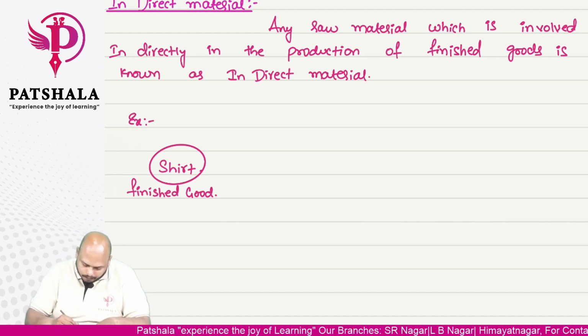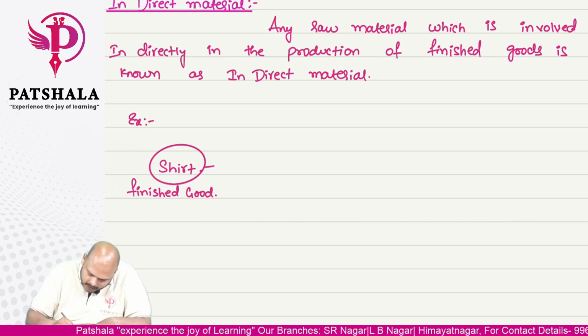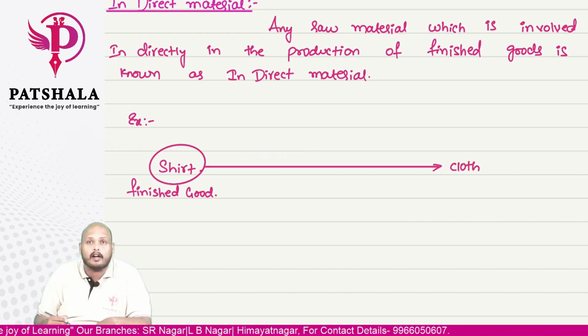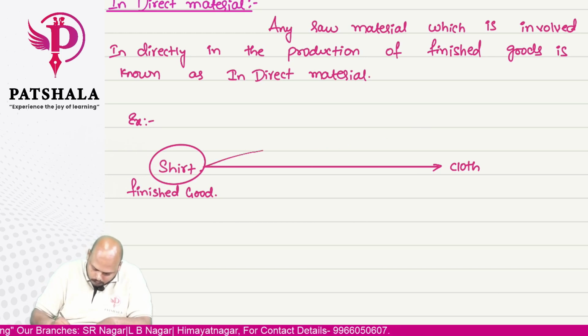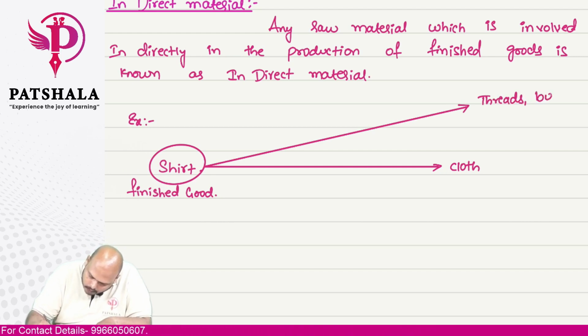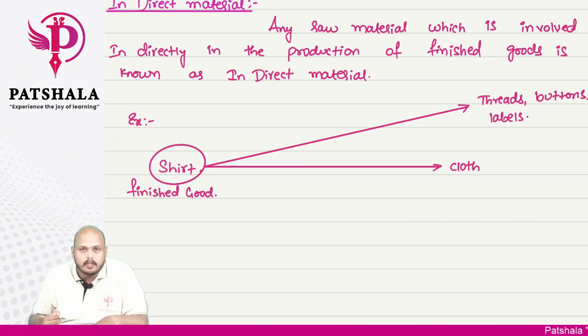Yes or no? Yes. So what are those raw materials? One is cloth we require. Another one, to stitch this cloth we require threads, we require buttons, we require labels. Correct? Yes.